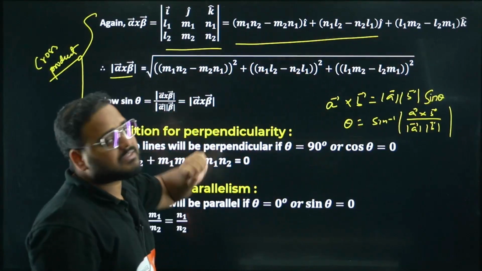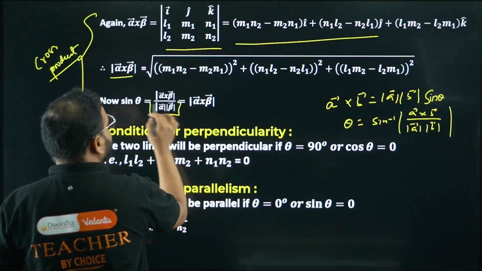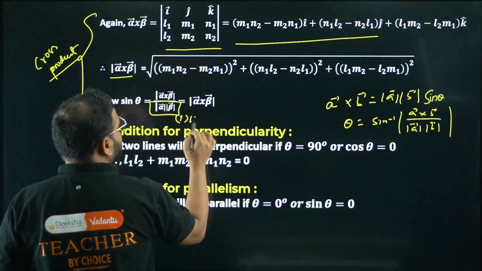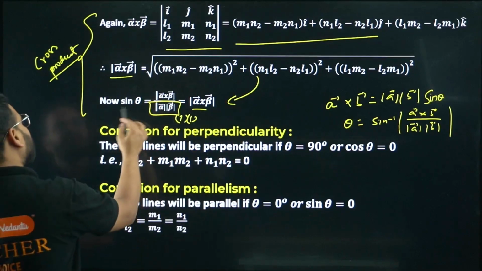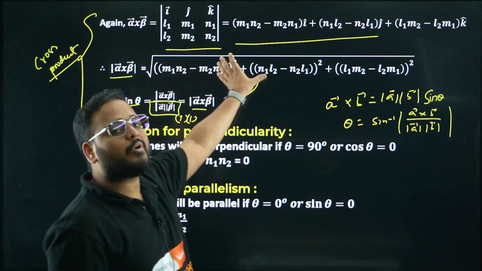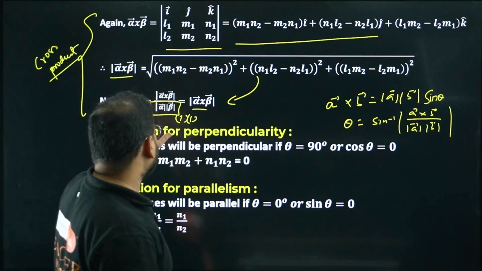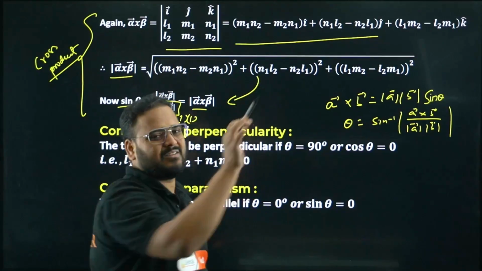You get the modulus like this. Clear? And we know this already, that the denominator is nothing but 1 into 1. That's why I ignored it. I can simply write this as the final answer and apply sine inverse on this value. Sine inverse of this value will be your answer. It looks complicated over here, but it will be easier when you see the questions.